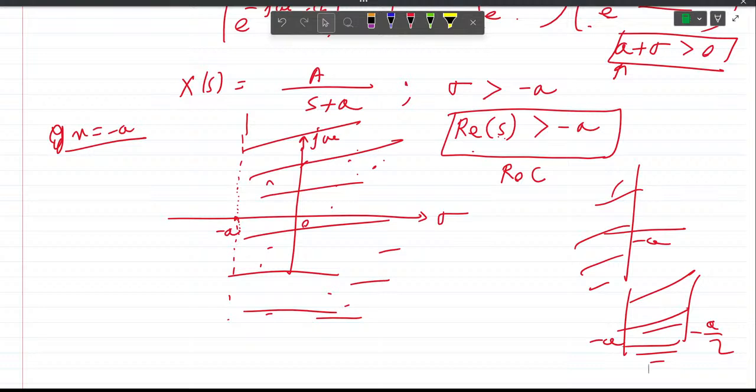So it is a causal system. If you have some initial voltage or current, we can divide it into two categories: an initially rest causal system, or a causal system which is initially not at rest.